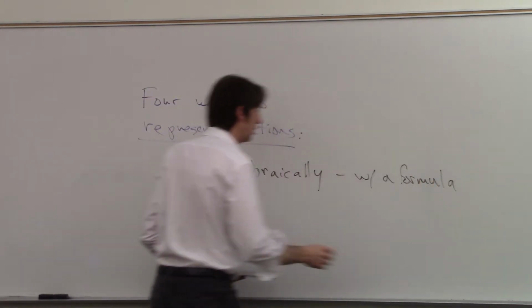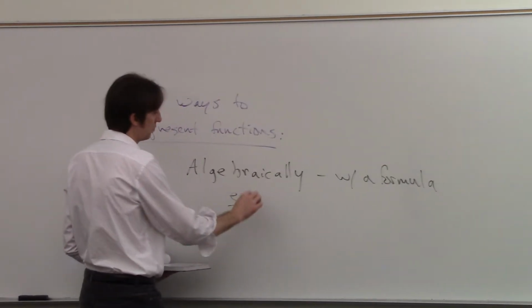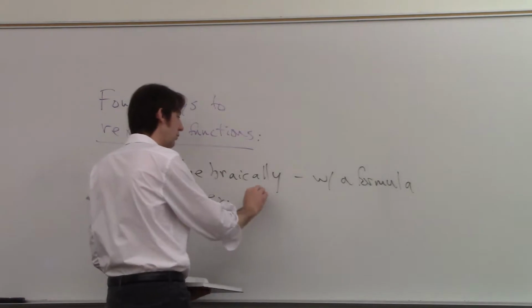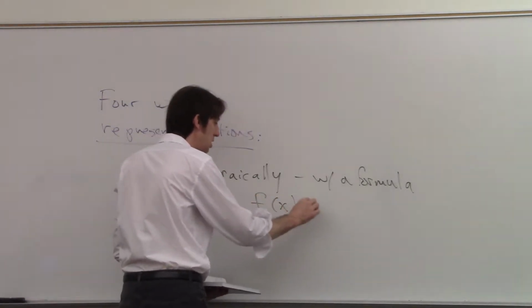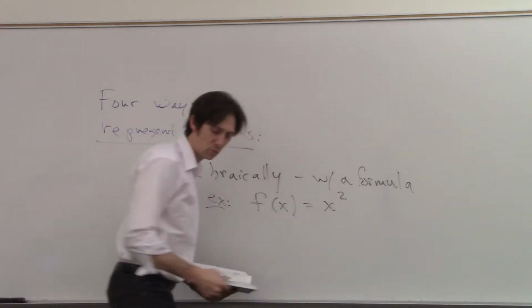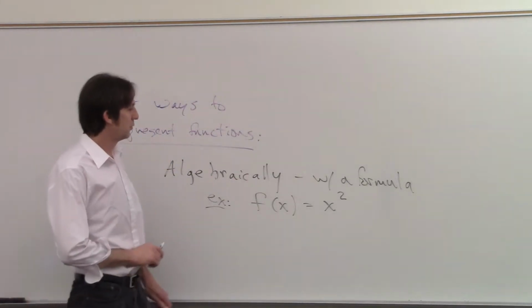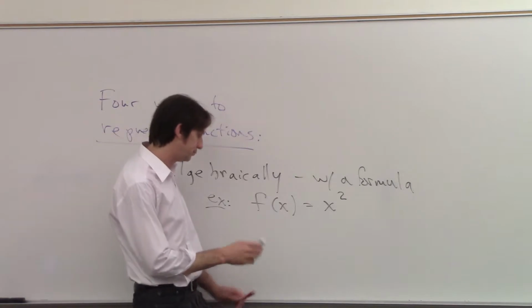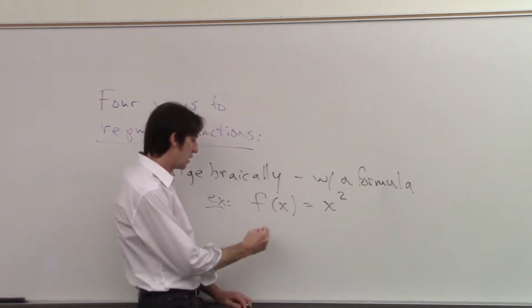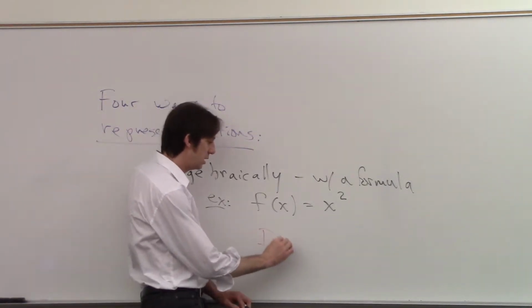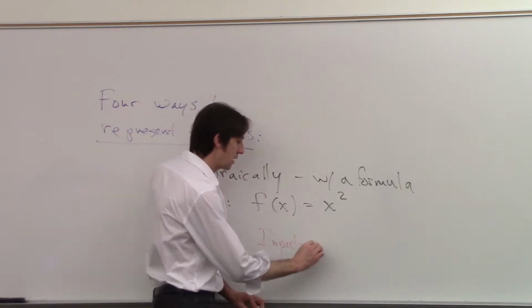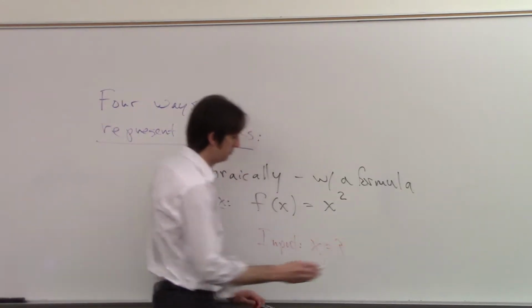And so probably in high school or in pre-calculus or something, you might have seen something like f of x equals x squared, right? This is everybody's favorite function, the squaring function. So in this situation, I could imagine an input, right? Maybe my x value is 3.